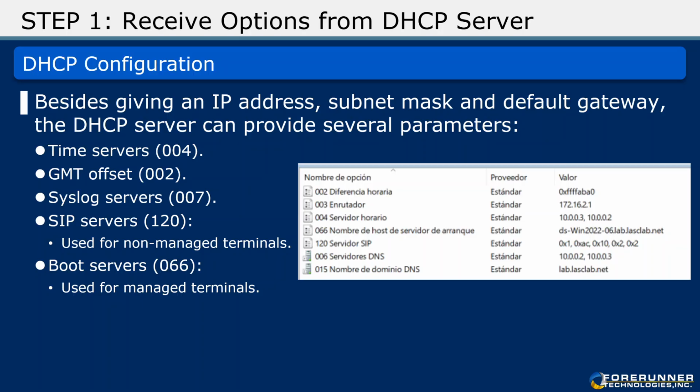But that basically works for non-managed terminals. For the managed terminals, the ones that need the information of the provisioning server, we use option 66. Option 66 will give the terminal the information of what's called the boot server or the provisioning server.